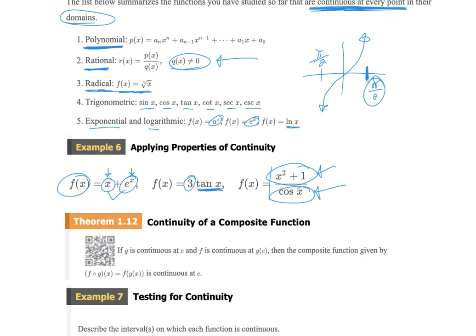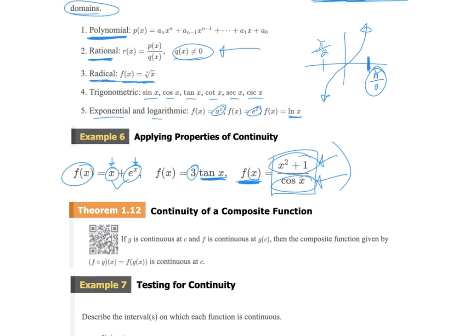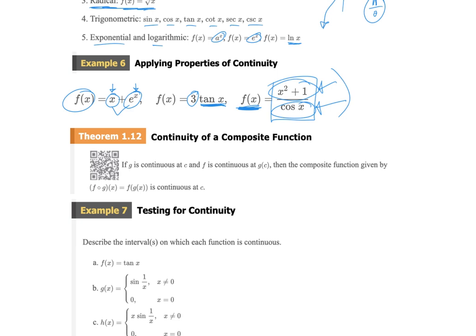So the domain of this function is now different because the denominator has to not equal 0. However, we can just say that this function is continuous across its new domain, making sure that the denominator doesn't equal 0.